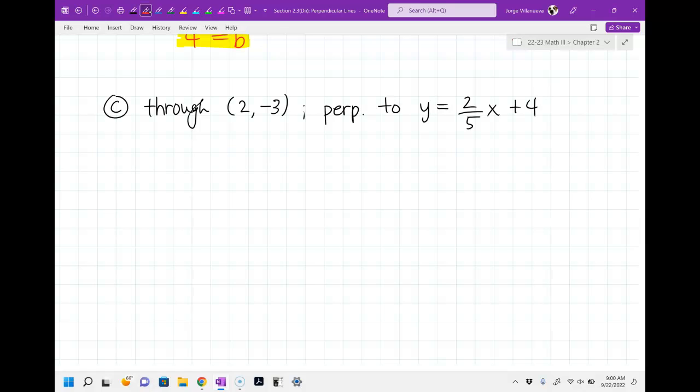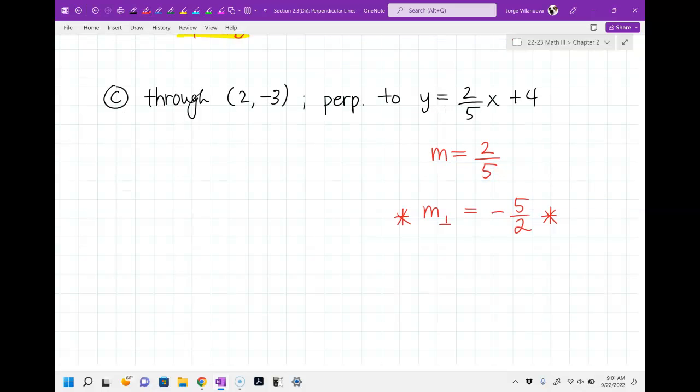All right, so what is my slope of this equation right now? The actual slope? 2/5. So what's my perpendicular slope then? All right, negative 5 over 2. This is what I want, okay? The perpendicular slope.